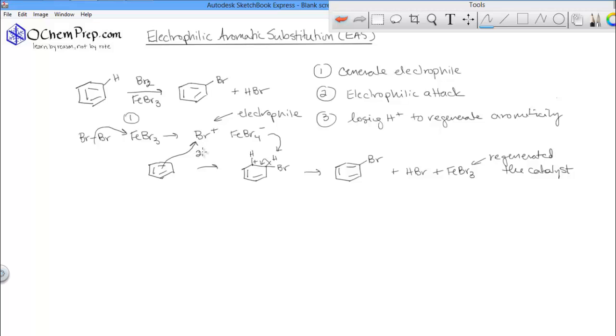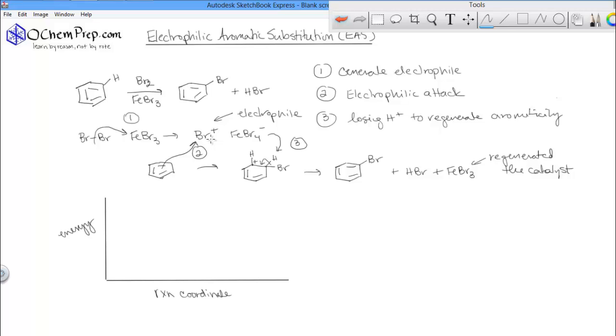So here's step 2, and here's step 3. And all the mechanisms of electrophilic aromatic substitution follow these 3 steps. The only difference is the electrophile that you form in the first place.